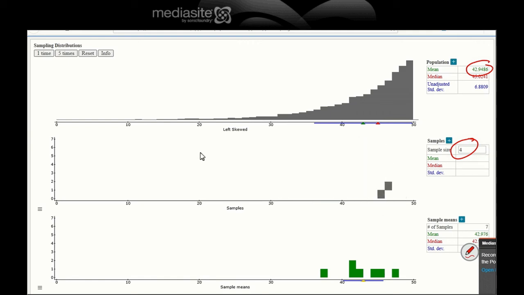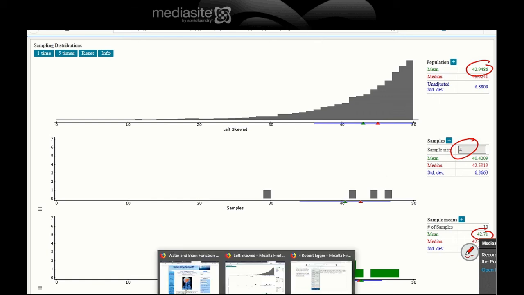So by doing these small samples repetitively, we do get pretty close to the actual, within a certain range of the true mean.